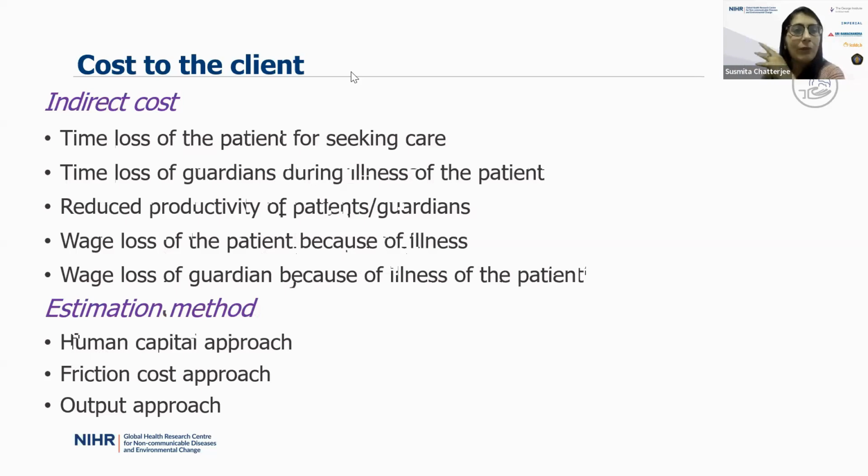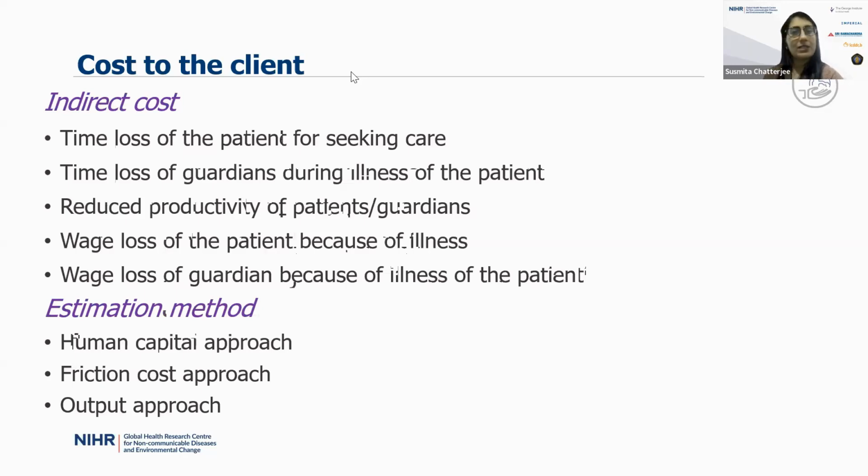You cannot do the wage loss, because the housewife will not lose any wage, but she will lose the time, and we have to cost that time loss. So from an equity lens, time loss is more valued because it considers everyone.